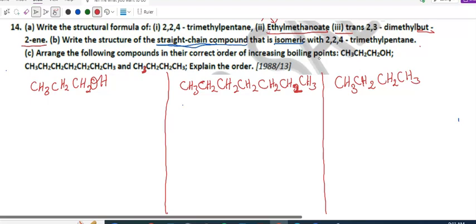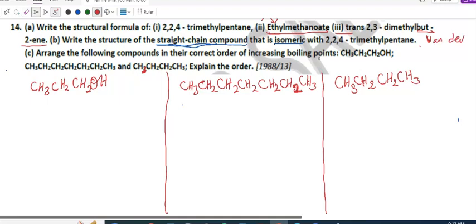Now, also remember that I told you we have intermolecular forces like van der Waals forces, or London dispersion forces, as people may call it. You can check your notes for that.